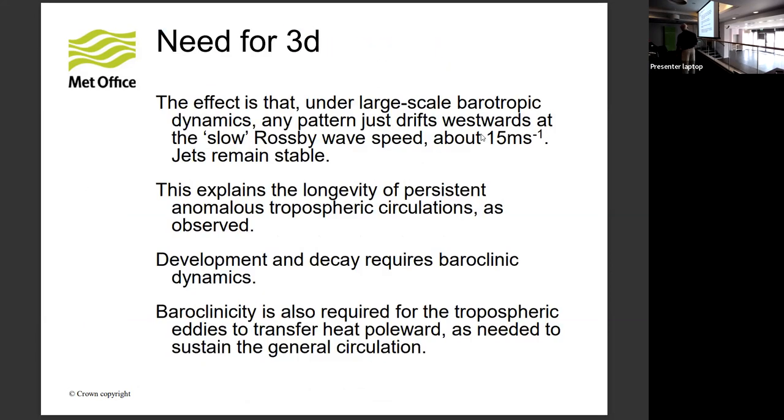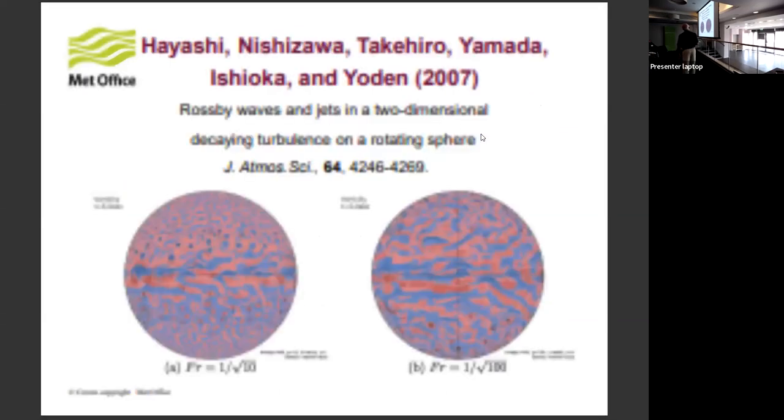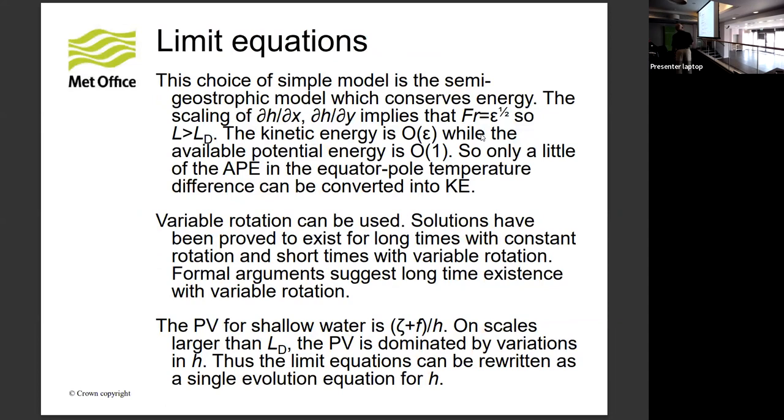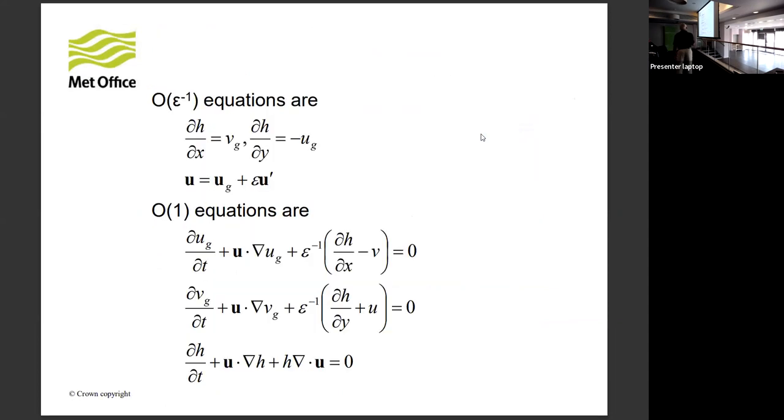Thank you. Right, now I need to explain this bit. Now, if I consider constant rotation, and I simply substitute, I'm now going to create an equation for H after the order one equations.